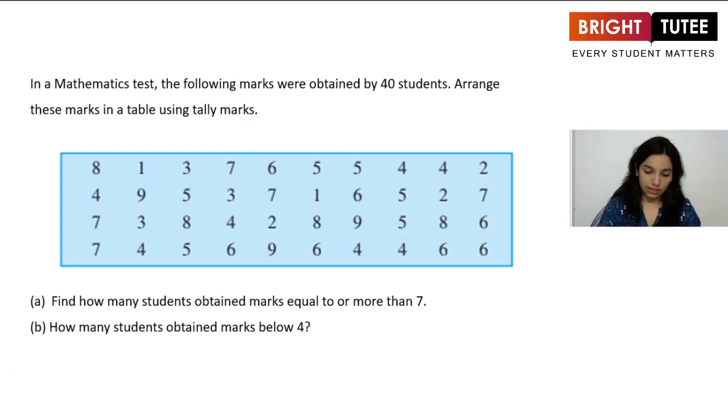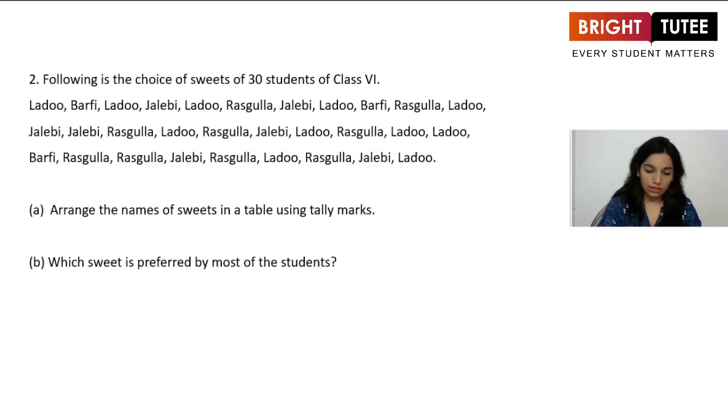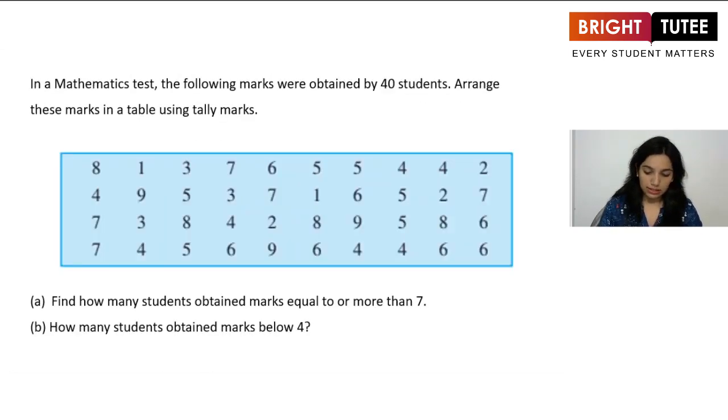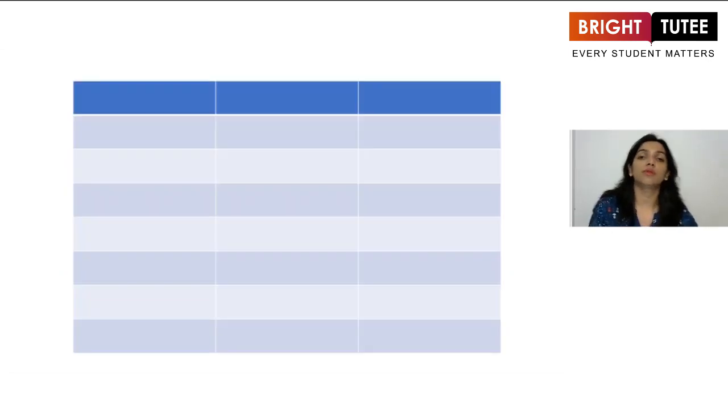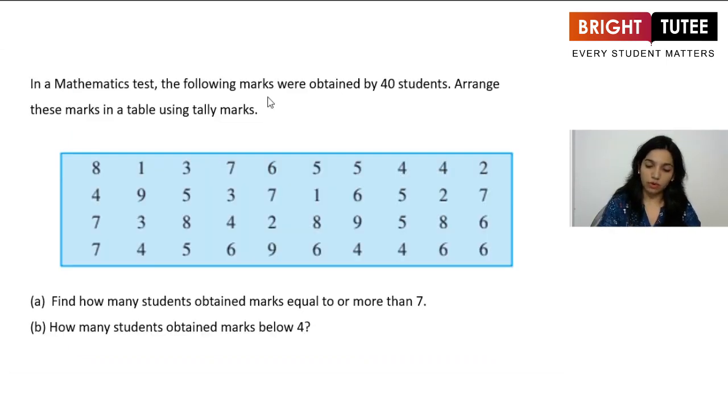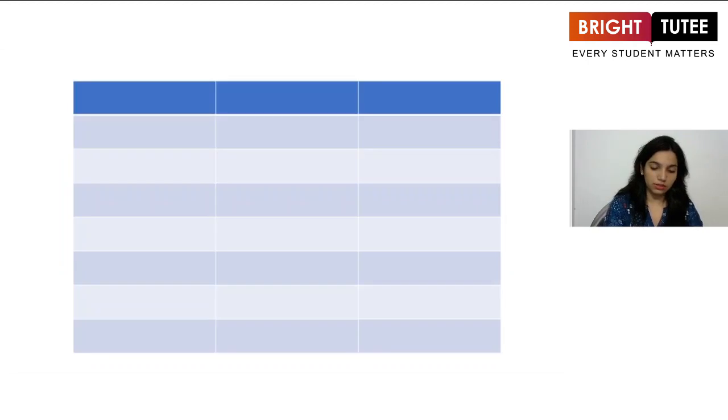Here it says that find how many students obtain marks equal to or more than 7. So this is what we are required to find, and let us first see how we can do this. Let us first draw a table in order to do this. Here is a table that we are going to use to write the data.